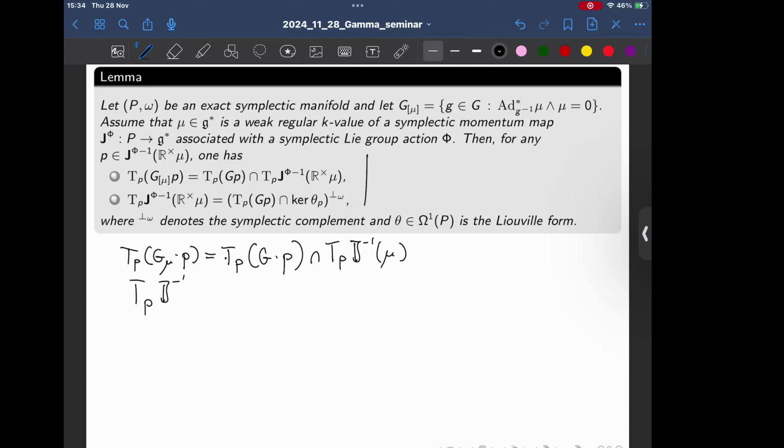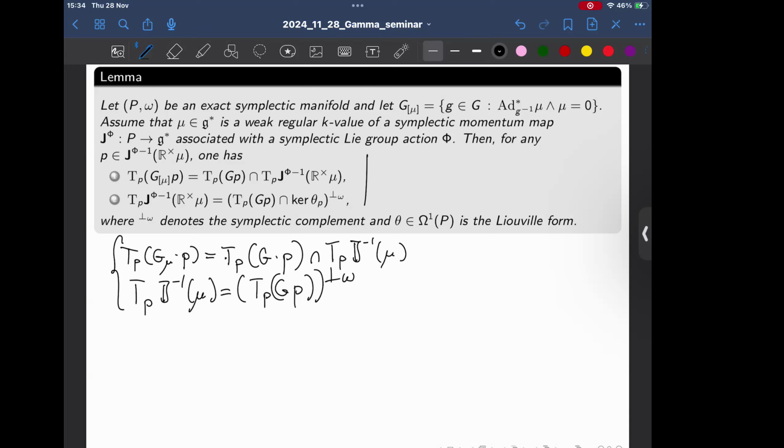And the tangent space to J^{-1}(mu) is the symplectic orthogonal of this, with omega. So this is the classical reduction lemma you all probably know. We need some analog, some modification of this lemma, and indeed we have one.